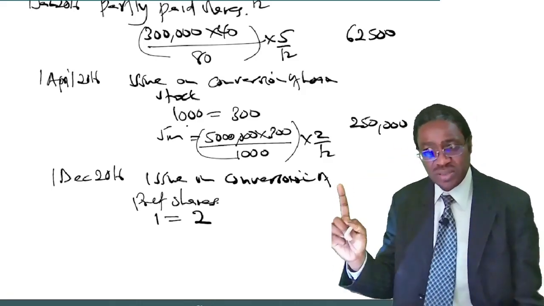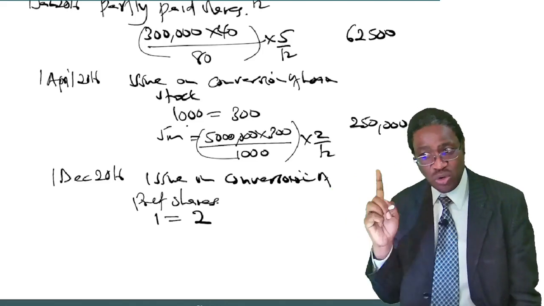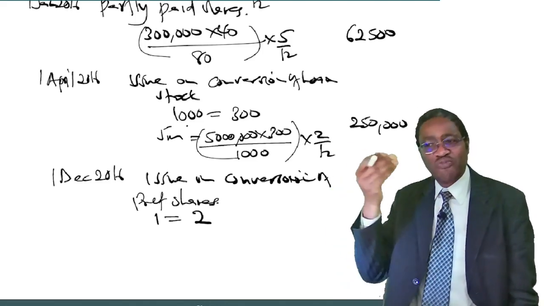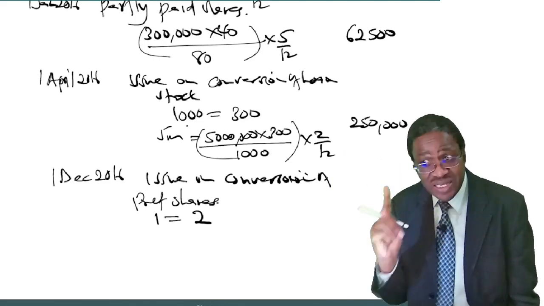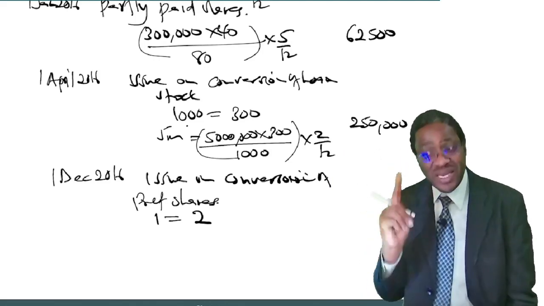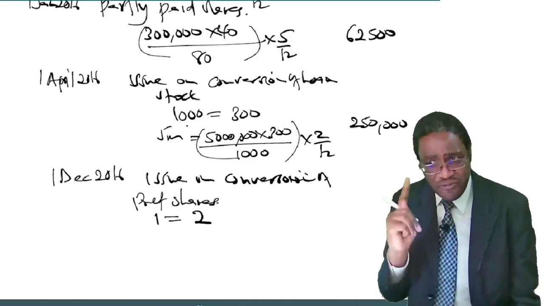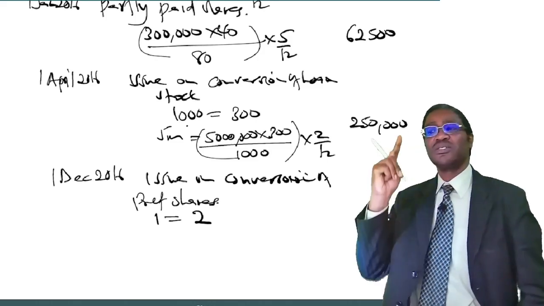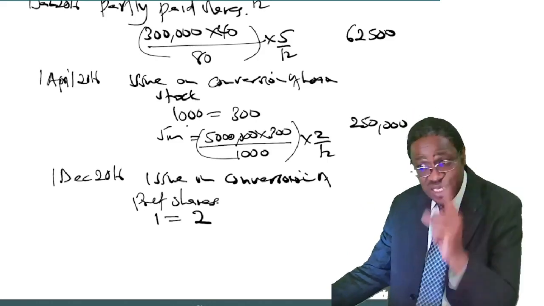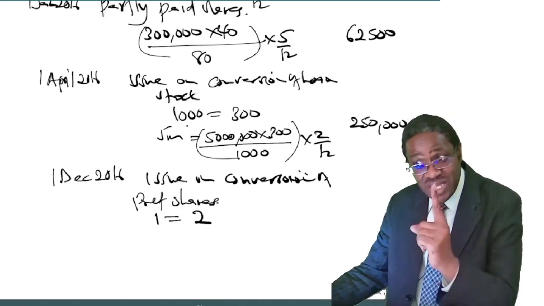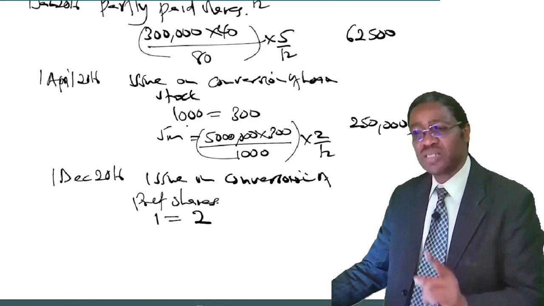But when you come to 1st December, when preference shares are converting, the basis is for every 1 preference share, you get 2 ordinary. So now you can't say, what about shillings 600?